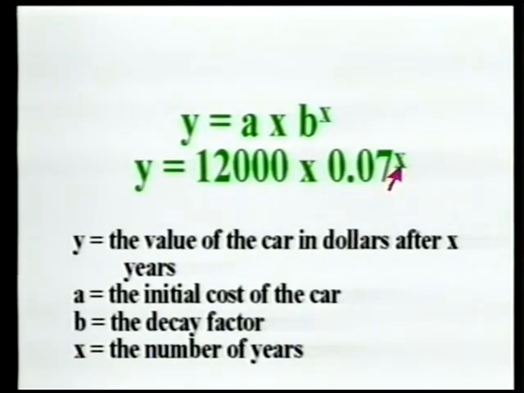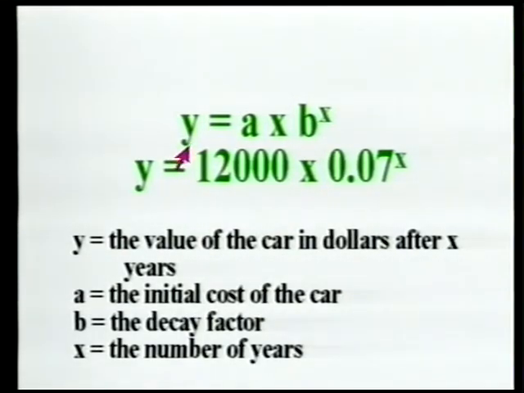Again, with x being the number of years of depreciation, b representing the decay factor, a representing the cost of the car, and y being the value of the car after the number of years of depreciation.